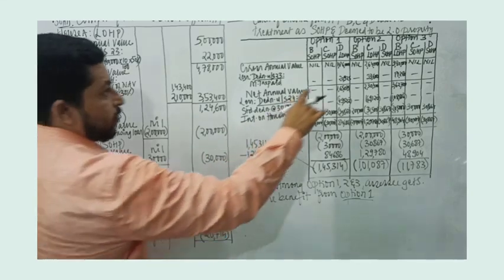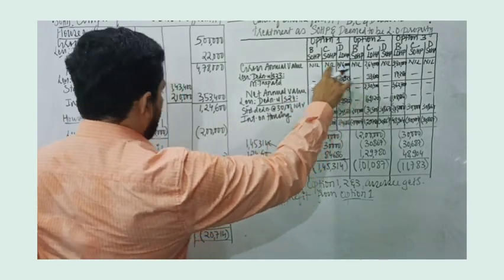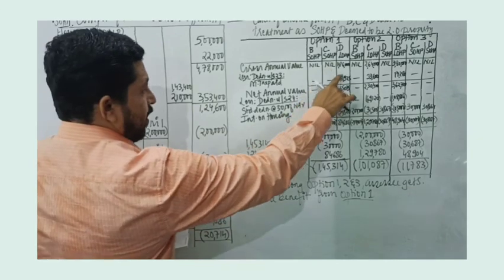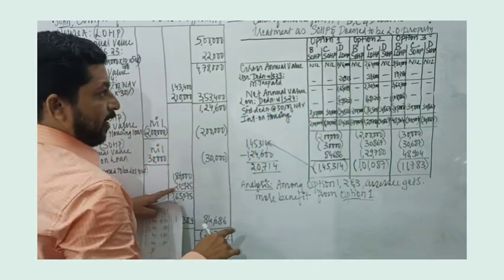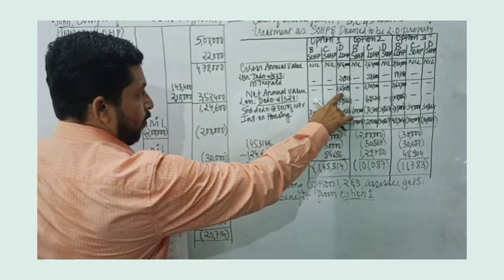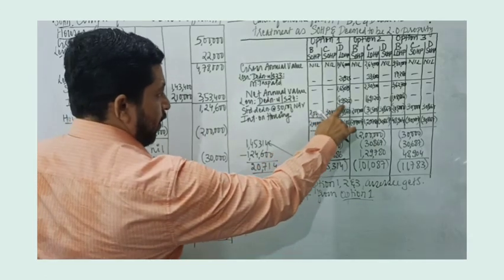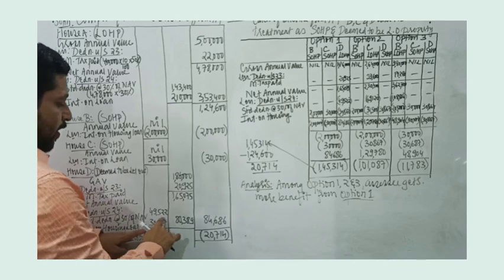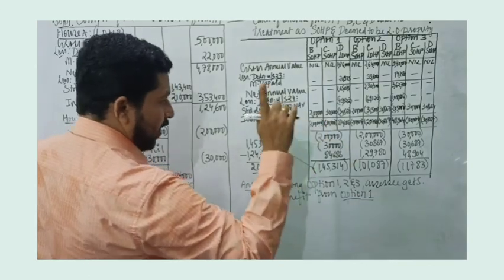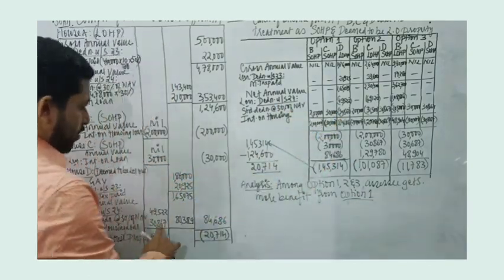House D is treated as deemed to be let out, and we will record the numbers as they are. 1,86,000, municipal tax paid 2,925, you get net annual value 1,65,075. Then standard deduction at 30% is 49,522, and interest on loan, calculated in note number 1, is 30,867.